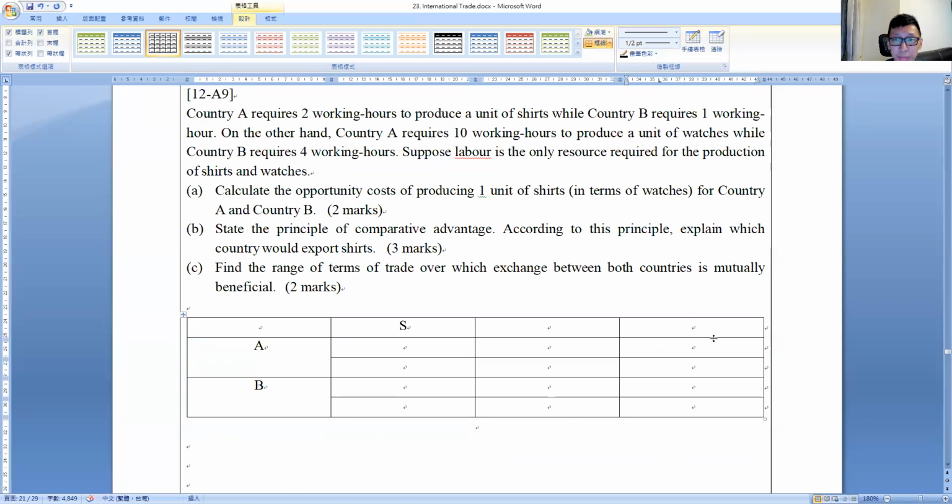we have watch, then we have resources, right? Country A it will be 2, and country B will be 1, country A will be 10, country B will be 4. Wow, genius! How much easier is that to read? Okay, so how do we equalize them? It will be 5, this will be 5, now this will be 4, and this would be 4.